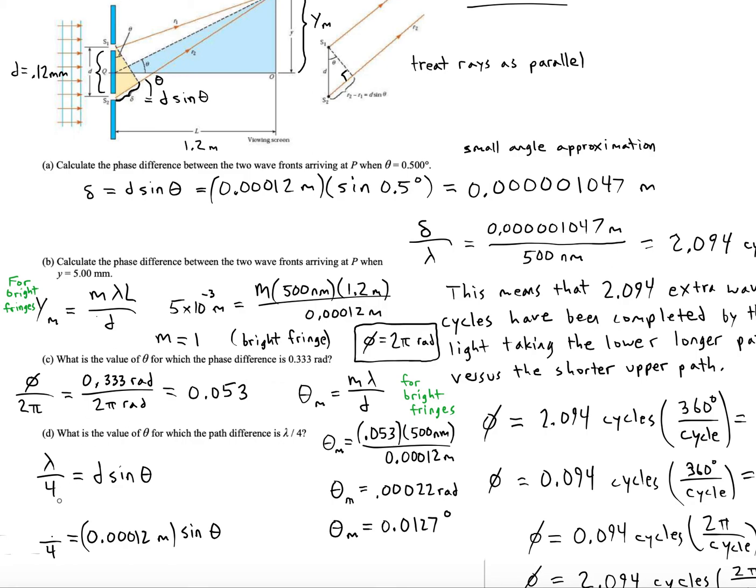Let's also plug in our wavelength. Our wavelength was 500 nanometers. So we can solve for theta. 0.0597 degrees, which would be 0.00104 radians.